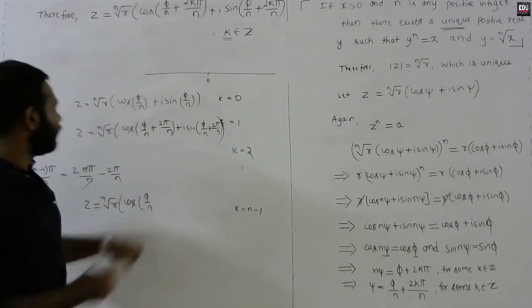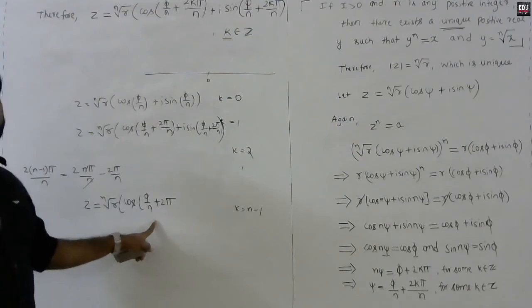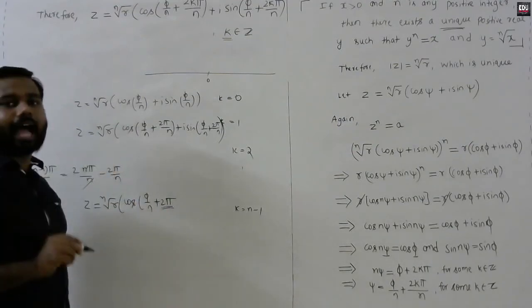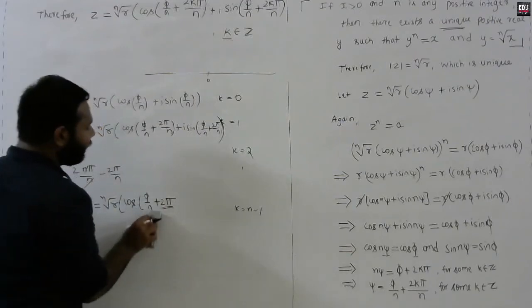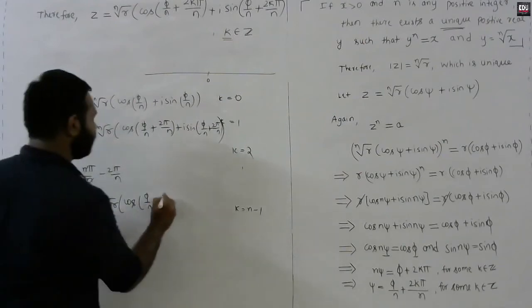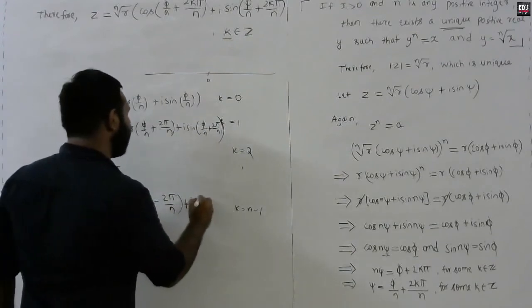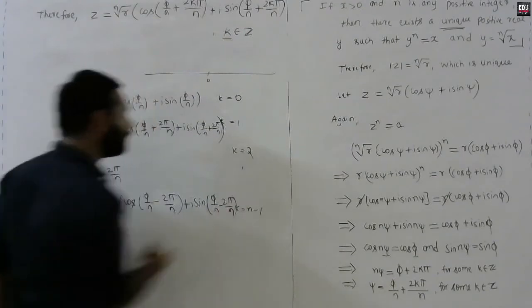So phi by n plus 2 pi is once again phi by n only, because if you add 2 pi, one whole angle of 360 degrees, you will get the same point once again. So just minus 2 pi by n remains, plus i into sine of phi by n minus 2 pi by n.